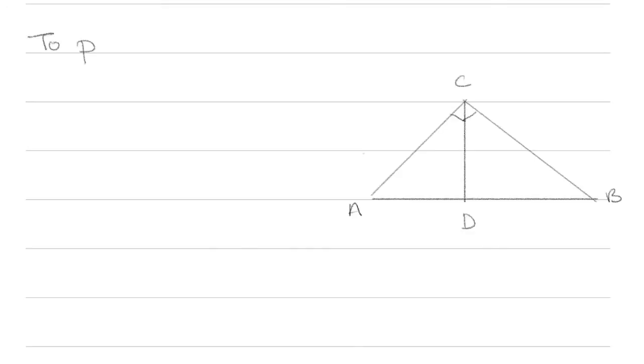In this question, we are given a right angled triangle ABC, which is right angled at C, and we have CD perpendicular to AB. Now we need to prove CD square is equal to BD multiplied by AD.